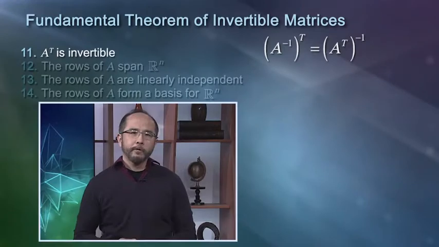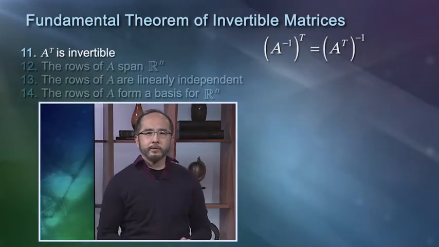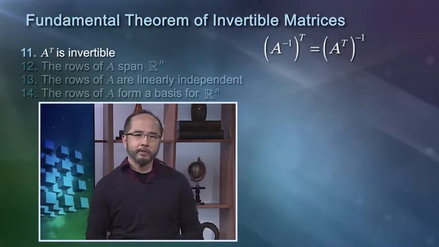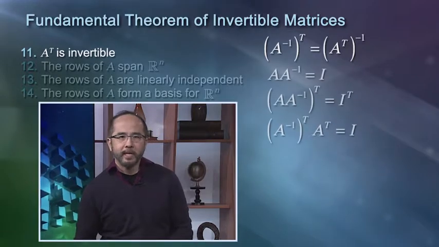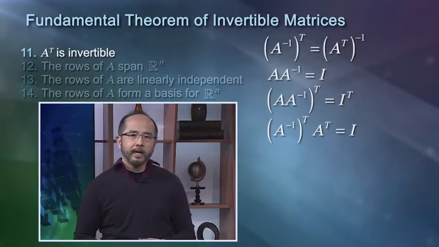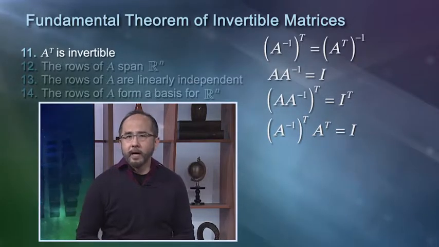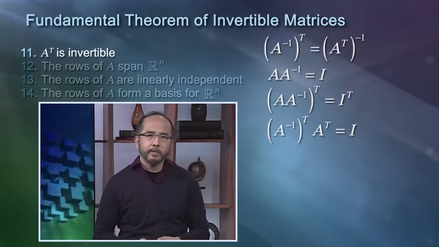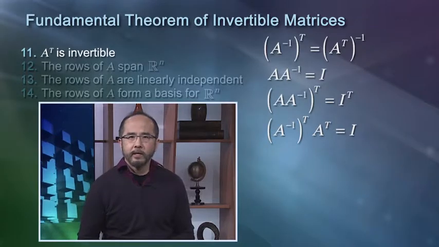To show statement 11 belongs in this list of equivalencies, we'll first show that A inverse transpose is A transpose inverse. And this can be seen by taking A times A inverse equals the identity, and then taking the transpose of both sides. The transpose of the identity is the identity.